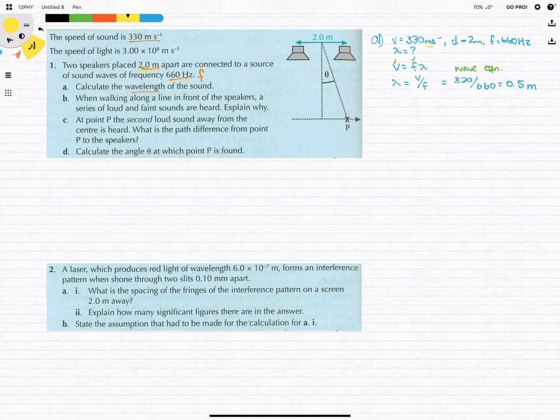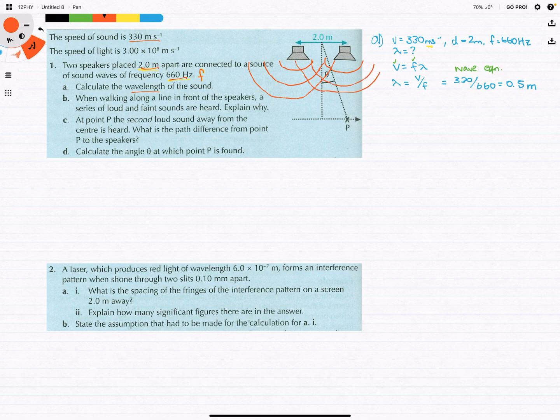are heard. Explain why. We could draw a diagram to help us understand if we like. I'm going to sketch it really badly on the diagram given in the question. We know out of each speaker we get a wave, a nice big circular wave front, and it comes out the same from both, which is really important.